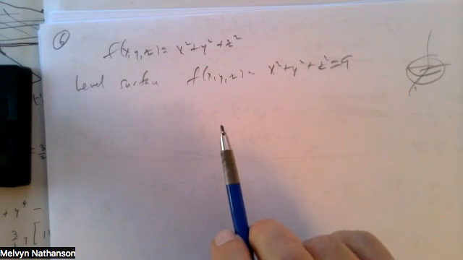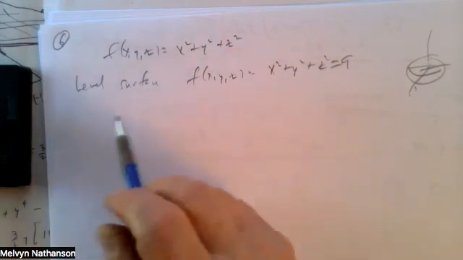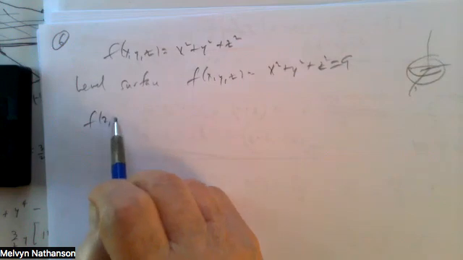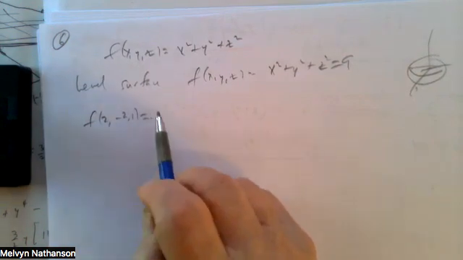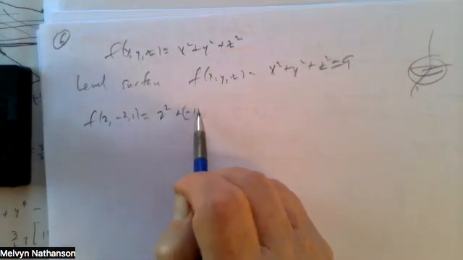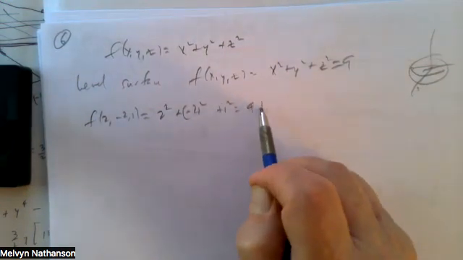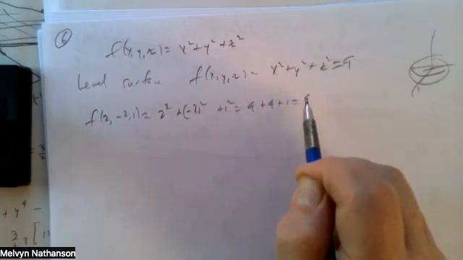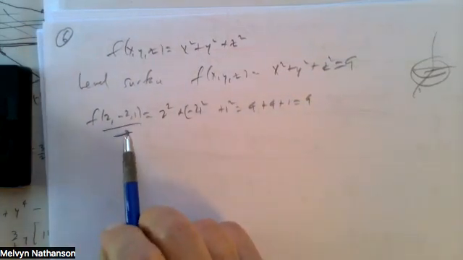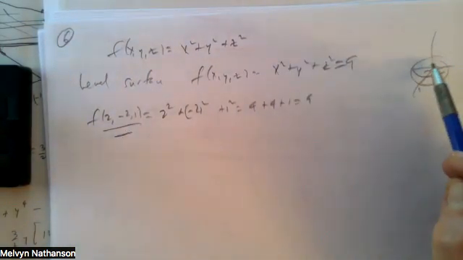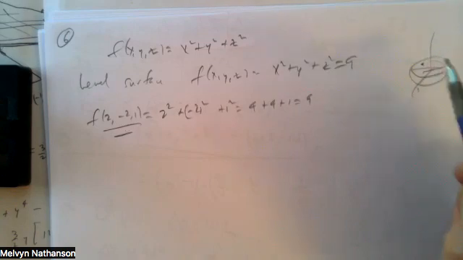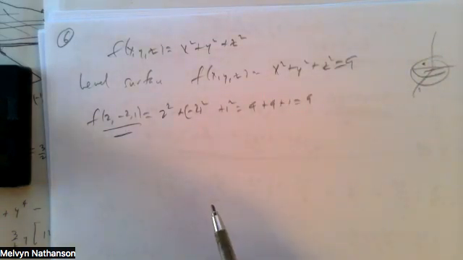That's what our surface looks like. And on this surface, there's the point 2, minus 2, 1. Because if you compute f of 2, minus 2, 1, you get 2 squared plus minus 2 squared plus 1 squared, which is 4 plus 4 plus 1, which is 9. So the point 2, minus 2, 1 lies somewhere on the surface.